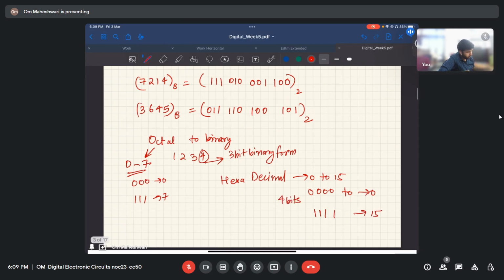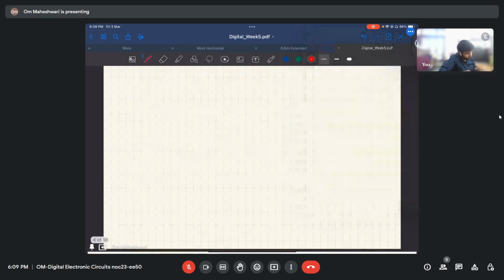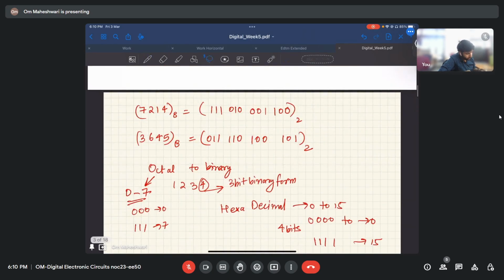To convert octal to hexadecimal, just form groups of 4 bits.